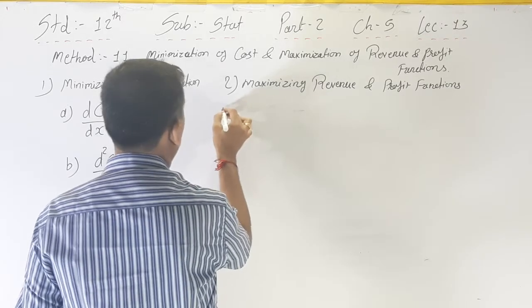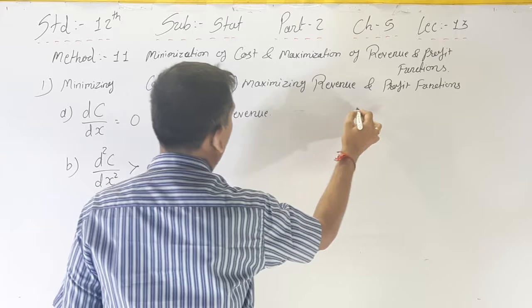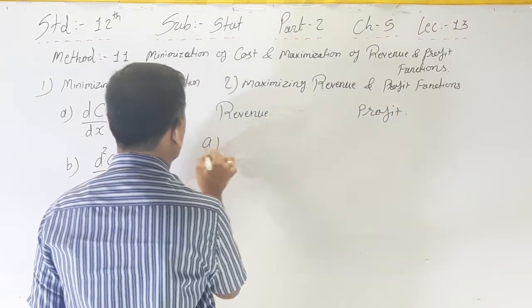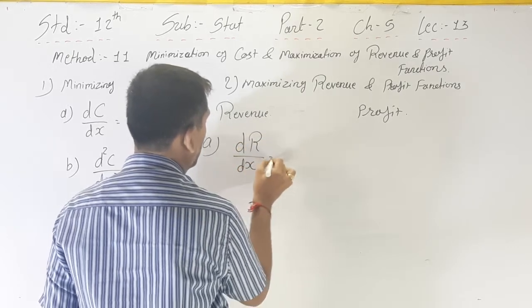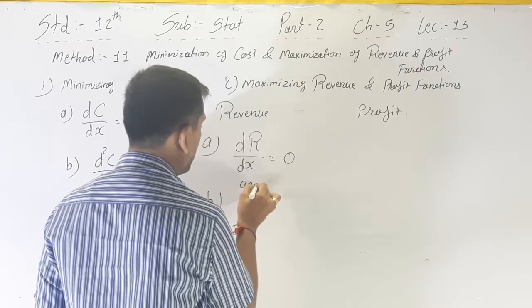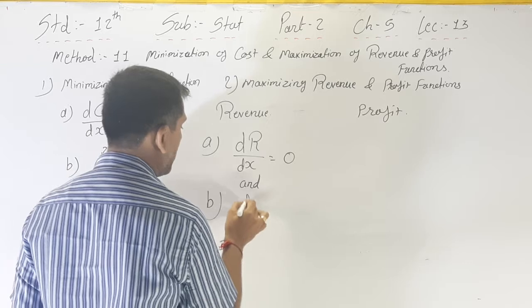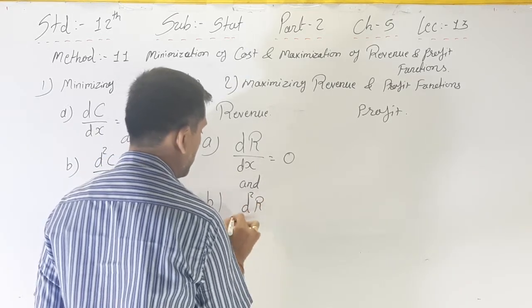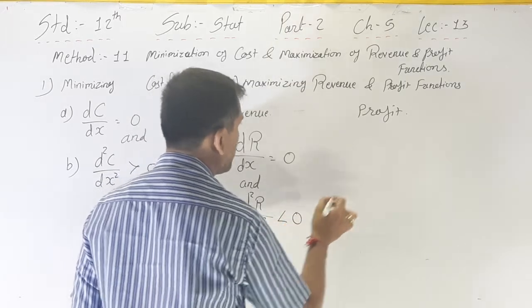So for revenue and for profit, first condition: dR by dx is equal to 0, and second condition: d square R by dx square less than 0.